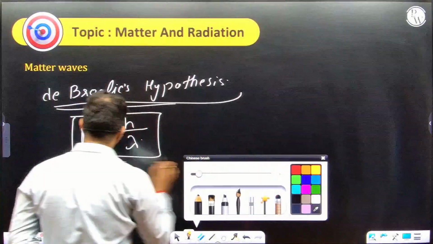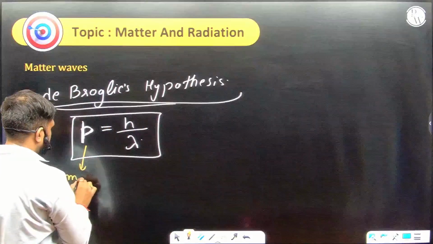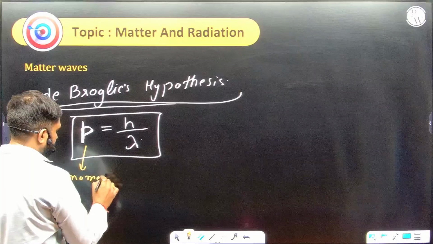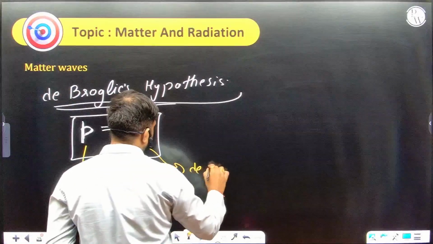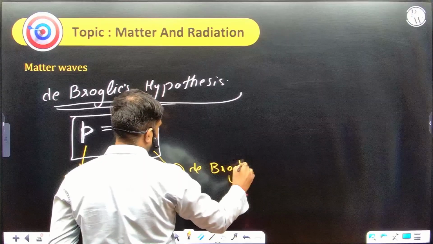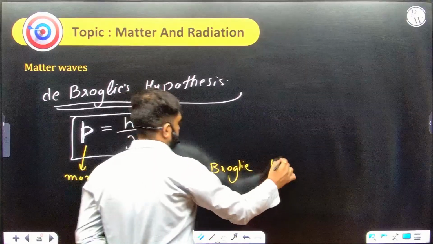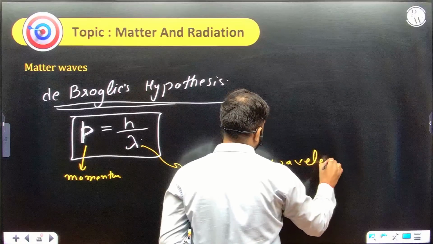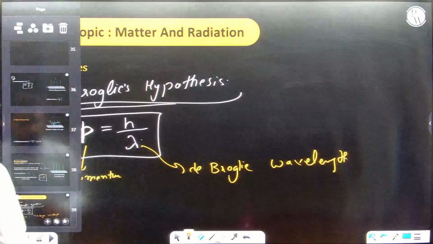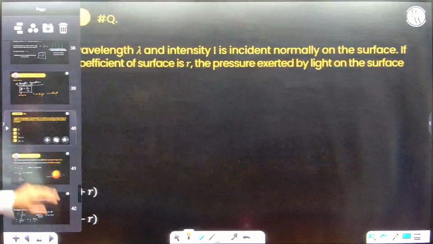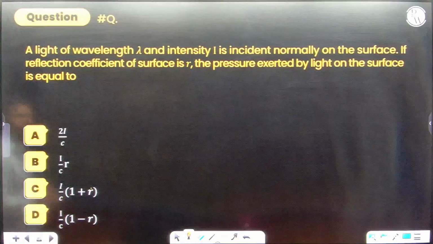So p is the momentum of the particles of matter. Lambda here is their de Broglie wavelength.